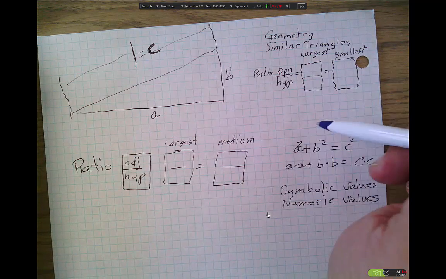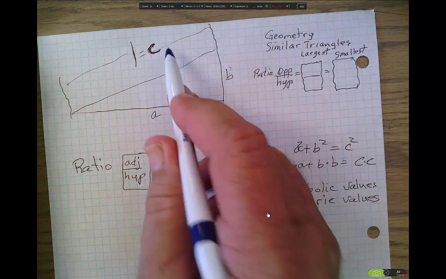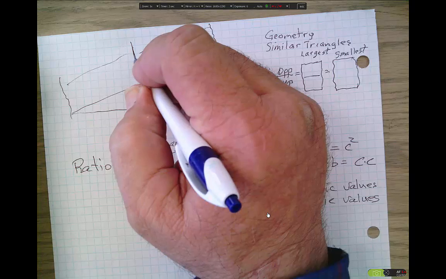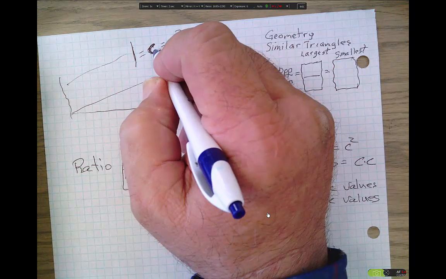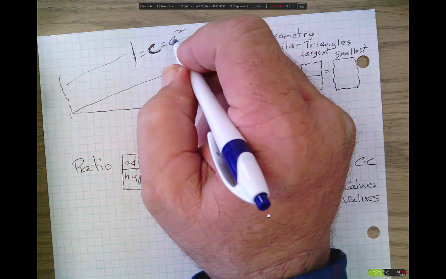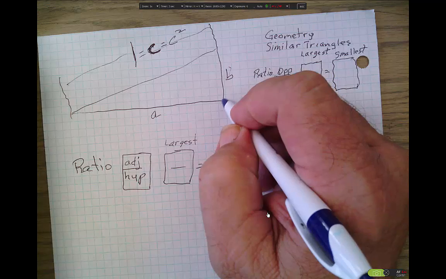Hopefully if I draw this stuff first, I'll be able to do that. I have a right triangle here. It's A, B, and C, but if C equals 1, then C equals C squared, because 1 squared is still 1.